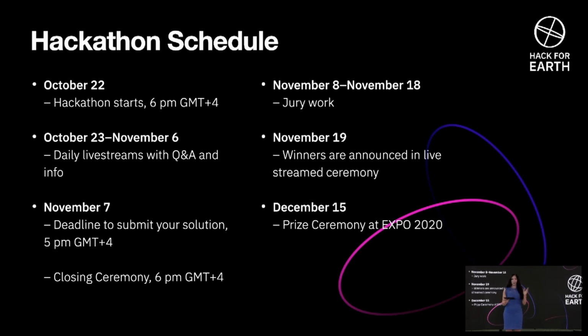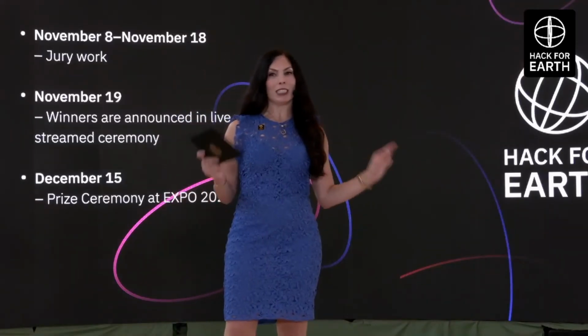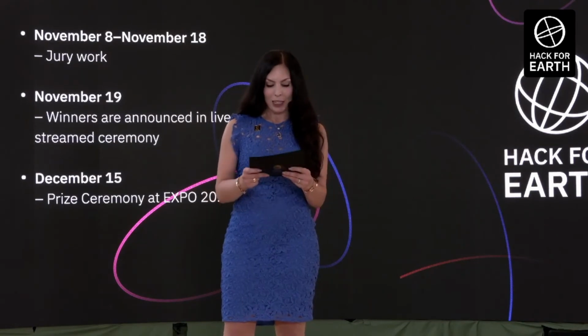Between November 7th and November 19th, of course, the jury will start working on evaluating your solutions. So they will be busy at work during those days. Then on November 19th, we will announce the winners in the 7 challenge categories.